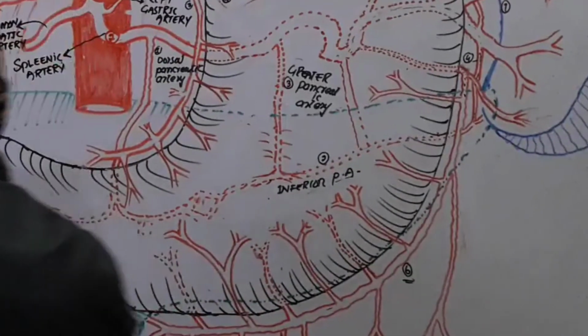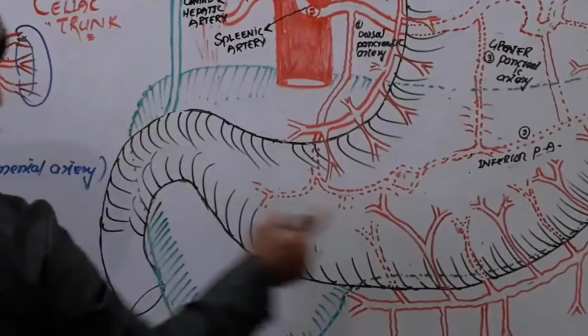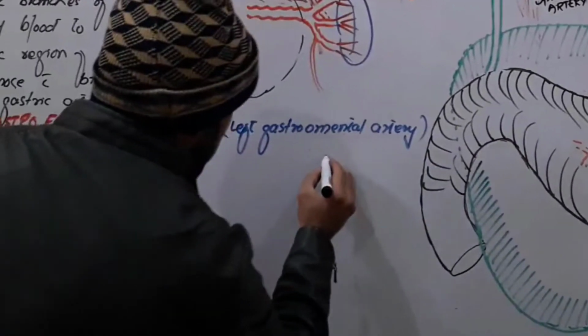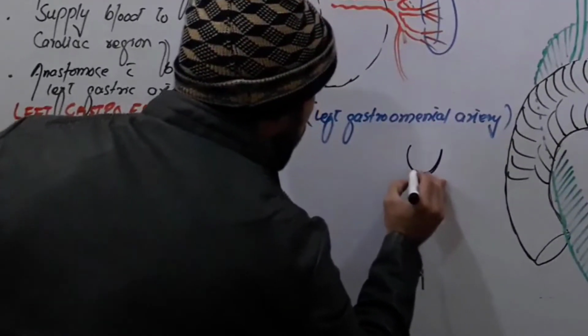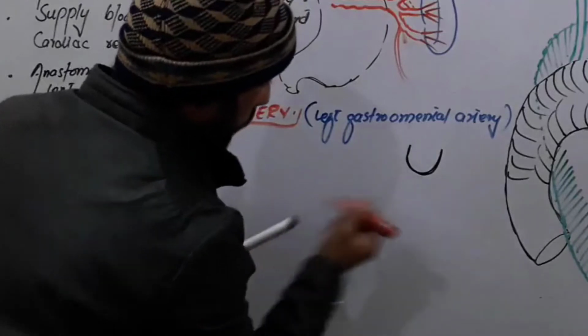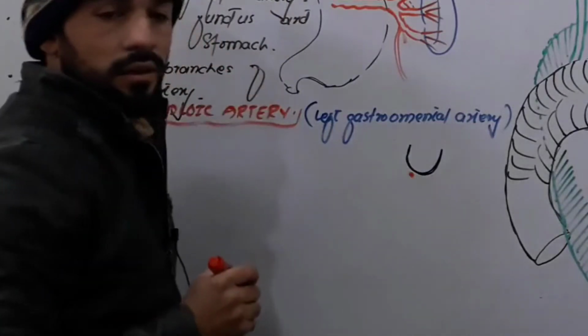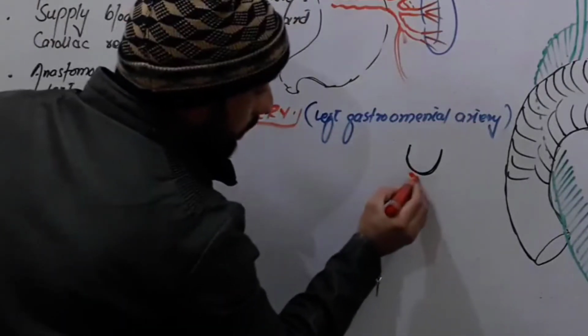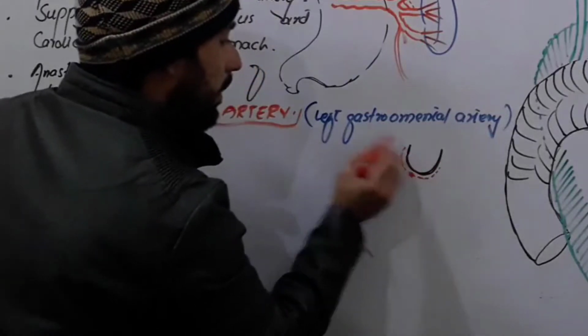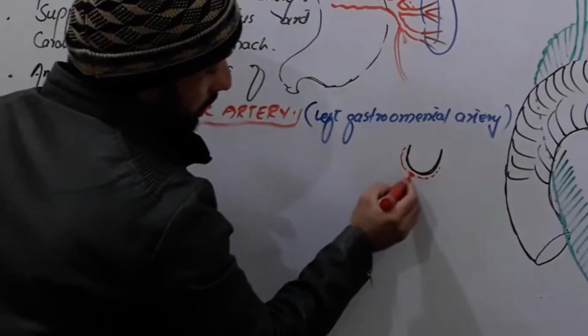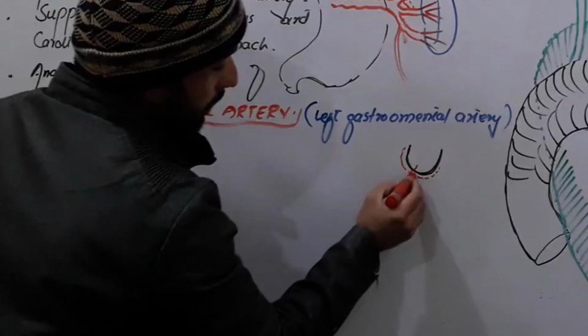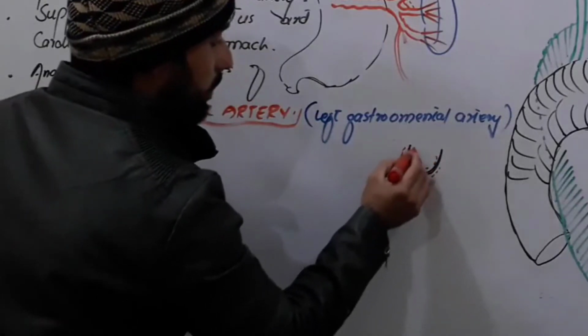Keep that in mind, if we put that part here, like this, and this is your left gastroepiploic artery, it gives posterior branches and anterior branches like this, and as it comes further forward it again gives posterior branches and anterior branches.